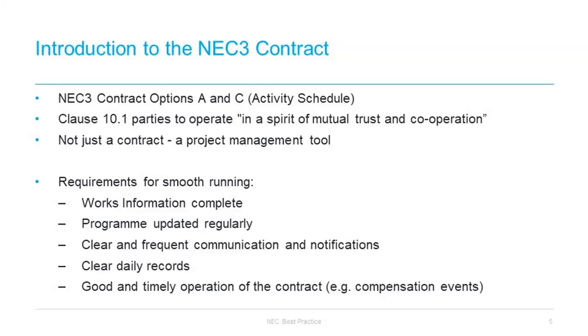For options A and C, the contract is priced according to an activity schedule, and that is essentially what describes the works and activities a contractor has to perform throughout the contract. It is supposed to be in enough detail to allow the contractor to price the work. It might be quite prescriptive, but it can also allow the contractor a considerable amount of freedom compared with a traditional bill of quantities, where the contractor has to price each element of work and is quite specific.